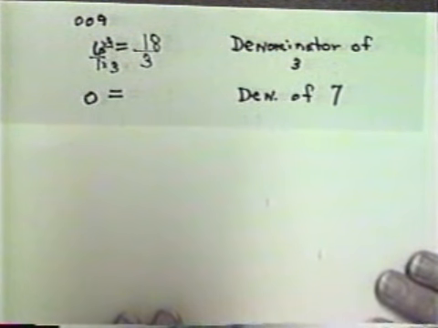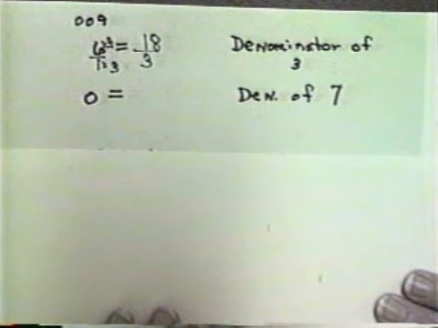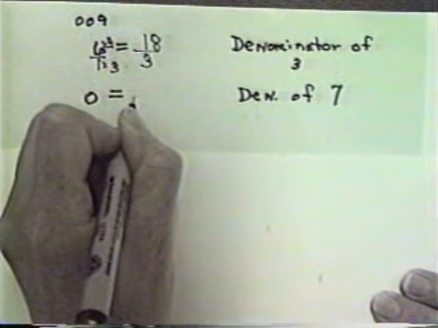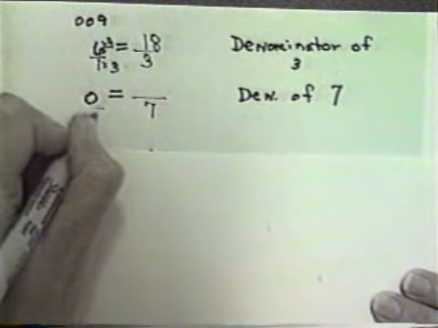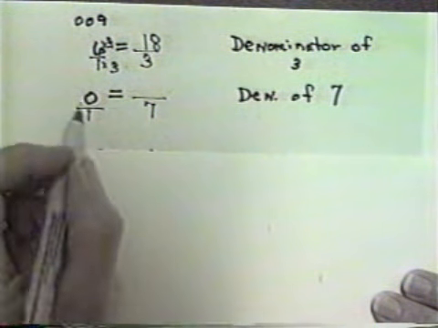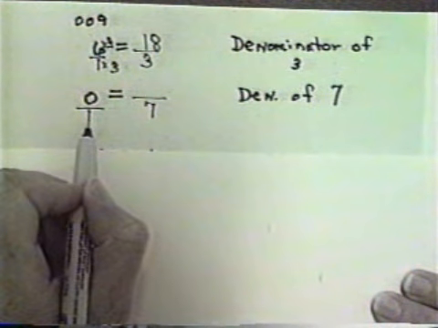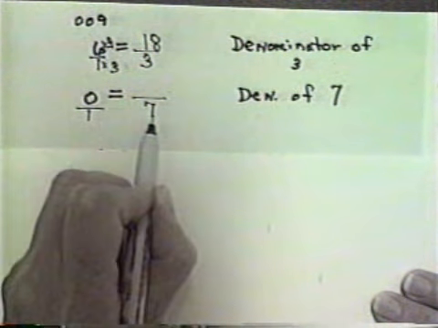Another kind of strange one is to take 0 and write it as a fraction that has a denominator of 7. Well, we can put a 1 under the 0 and make 0 look like a fraction. 0 over 1 is still 0. And then we say to ourselves, what do we have to multiply 1 by to turn it into 7?